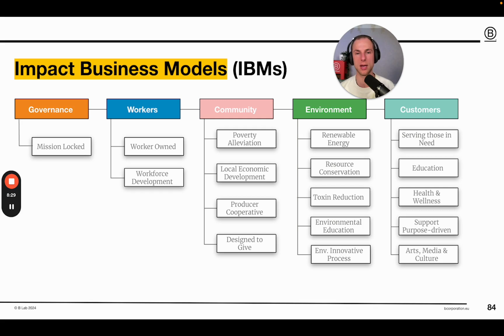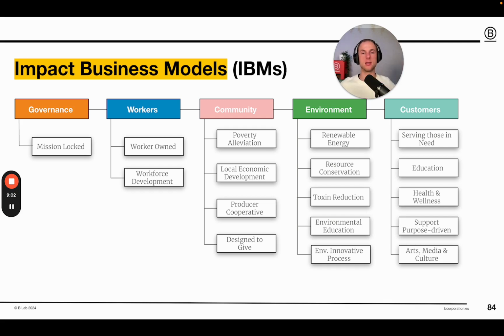Let's look, for example, at the community section. So if you remember, the community impact area is about diversity and inclusion, but also about your supply chain, so the communities that you operate in. You'll see at the top, for example, poverty alleviation. So if your company is specifically designed and managed in a way that it exists to alleviate poverty in your supply chain, you may be able to explore this impact business model.